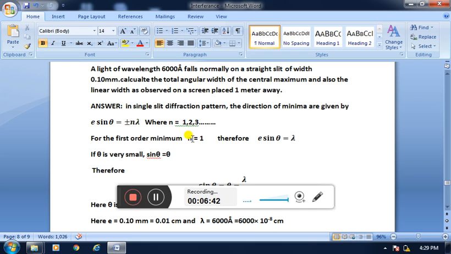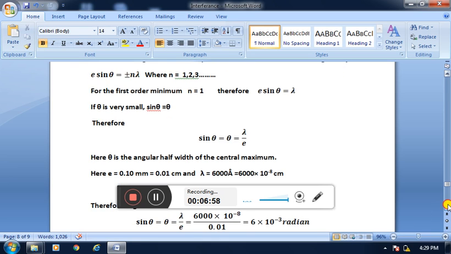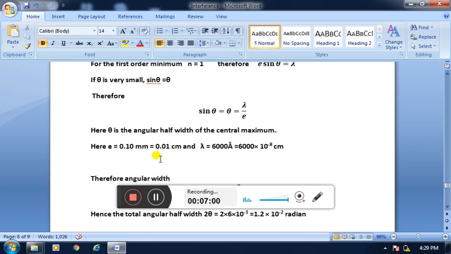Dear student, when n is equal to 1, it becomes e sin theta is equal to lambda. Sin theta is very small, so sin theta is equal to theta, which is lambda upon e. For the maxima we take e equal to 0.1 millimeter or 0.01 centimeter and lambda equal to 6000 angstrom.